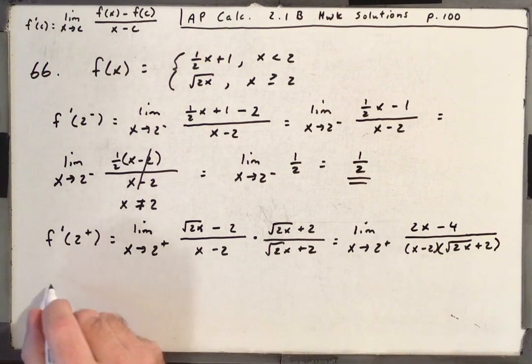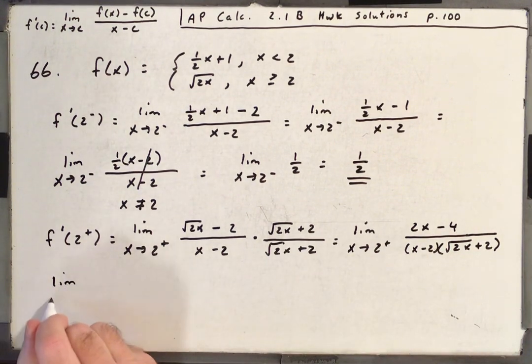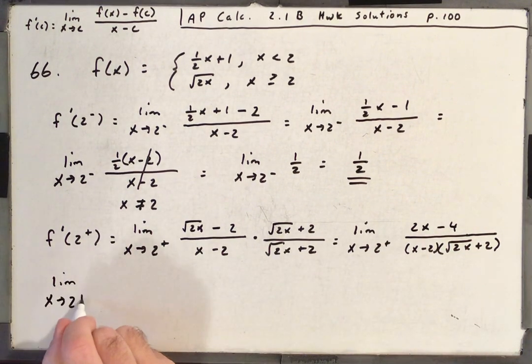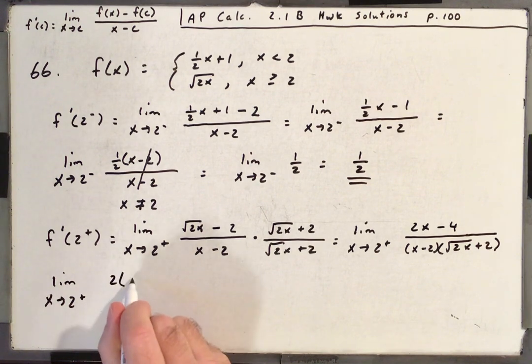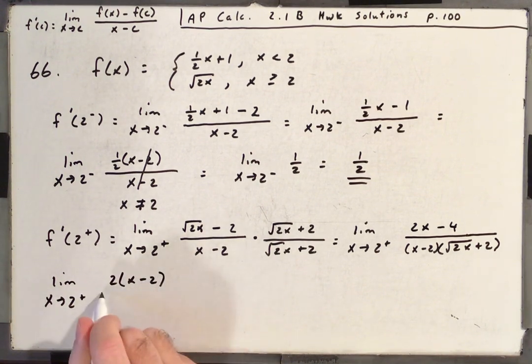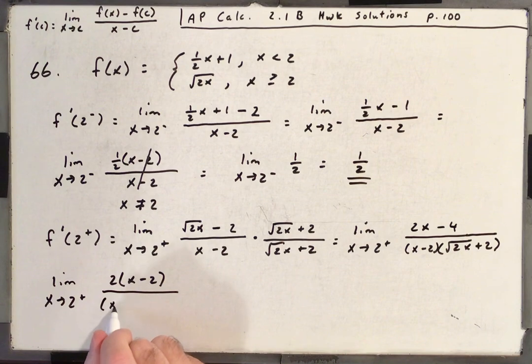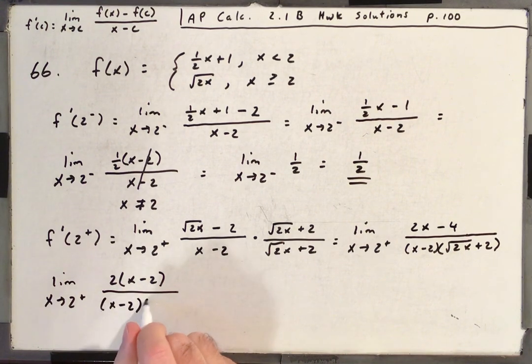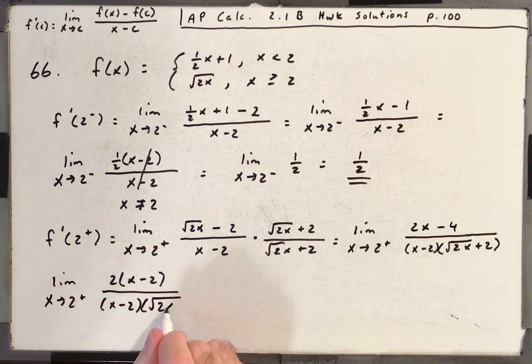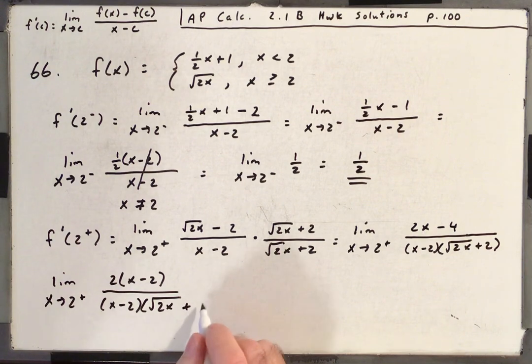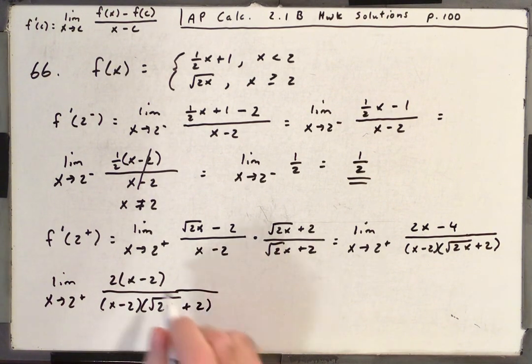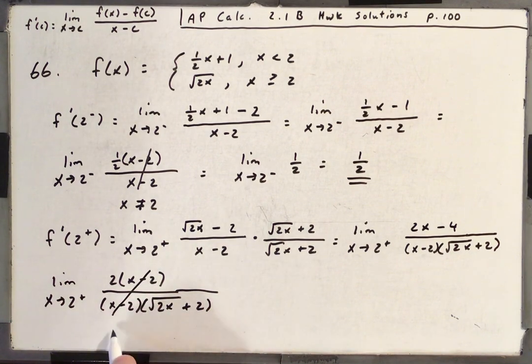Could factor out a 2. Out of the top, we factor out a 2. I've got x minus 2. And I hope you see where I'm going here. Because that allows me to eliminate that as long as x is not equal to 2.